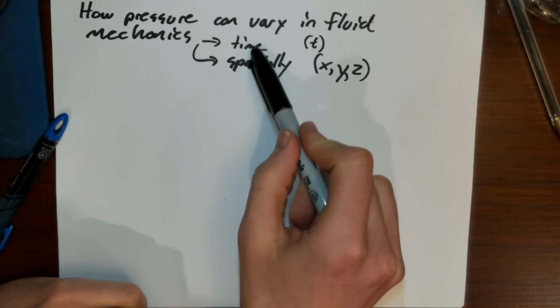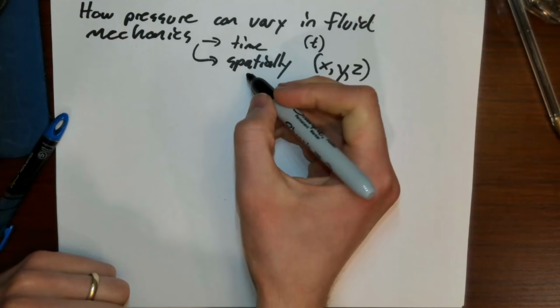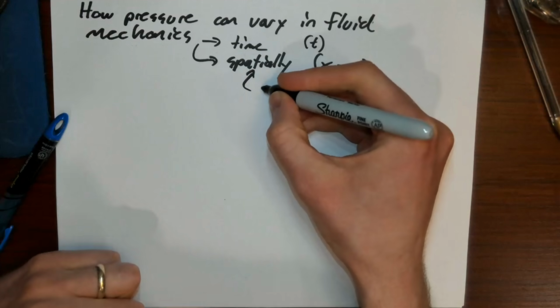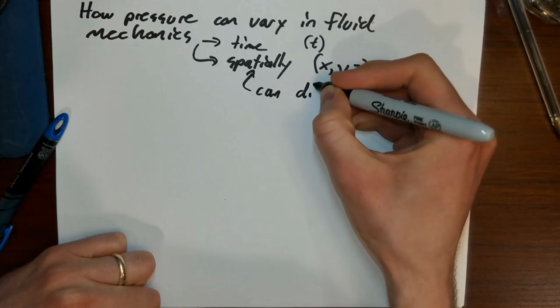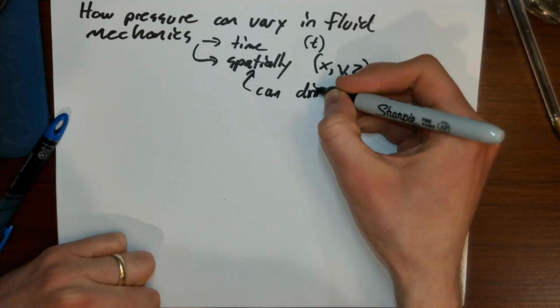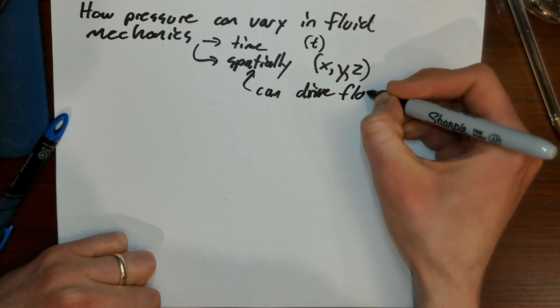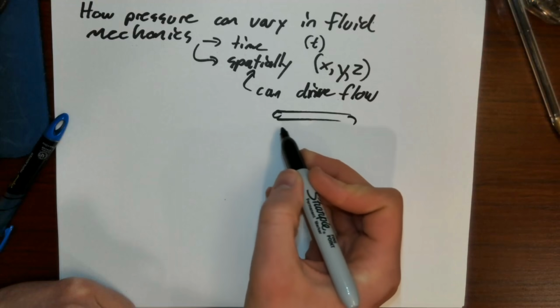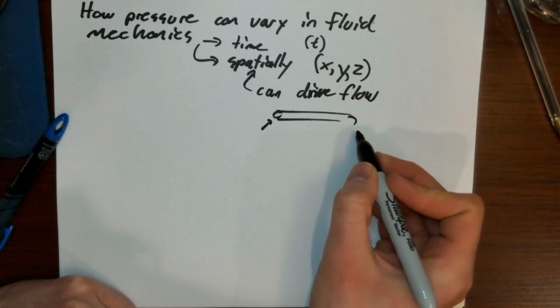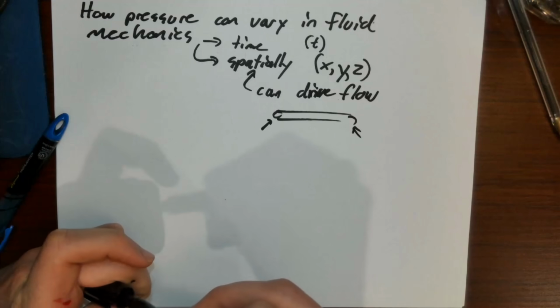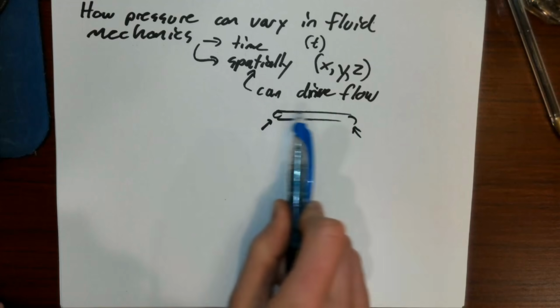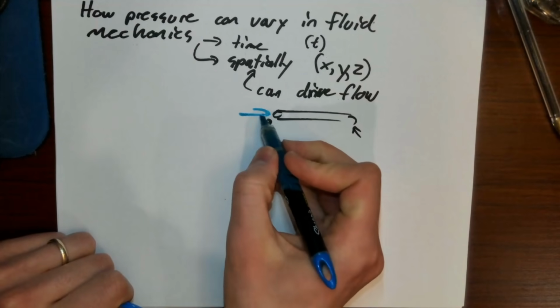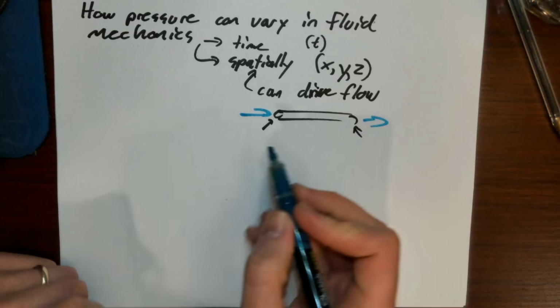Pressure can vary with time and spatially, and oftentimes it's the spatial variation that can drive flow. We'll get to this later in the class, but if you have some tube with a high pressure at your inlet and a low pressure at your outlet, then it's the difference in pressure between the two ends that can end up driving fluid through the pipe.